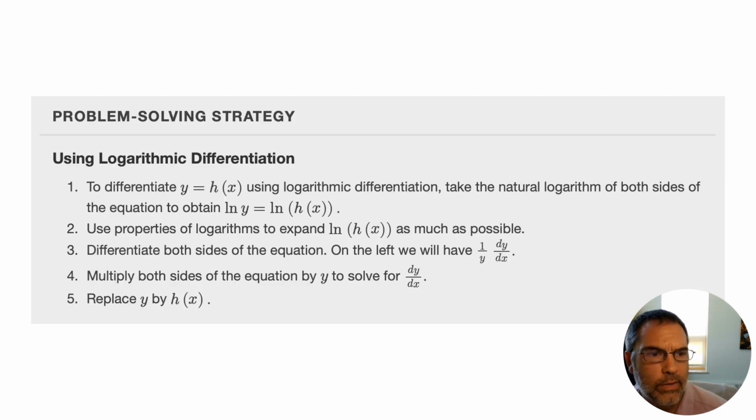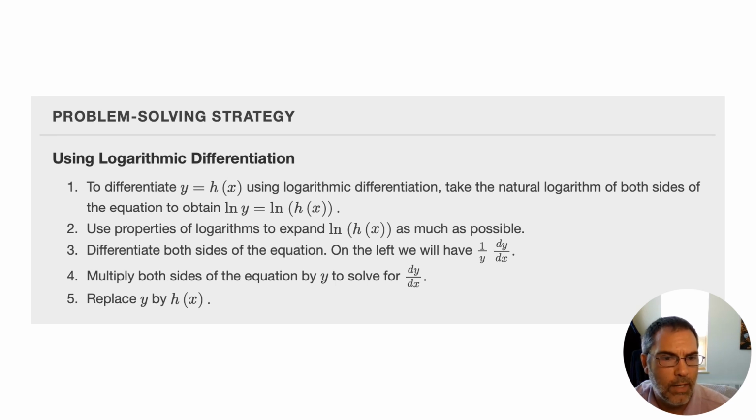Now that we know how to take the derivative of a natural log, we can use that to take the derivative of expressions where you have a very complex exponential relationship by taking the natural log of the whole equation and then taking the derivative of that result. So this is called logarithmic differentiation.